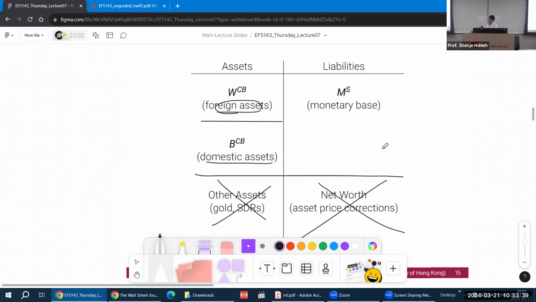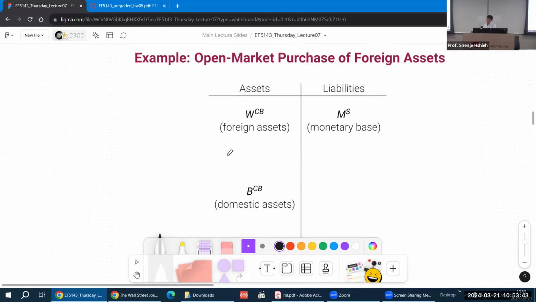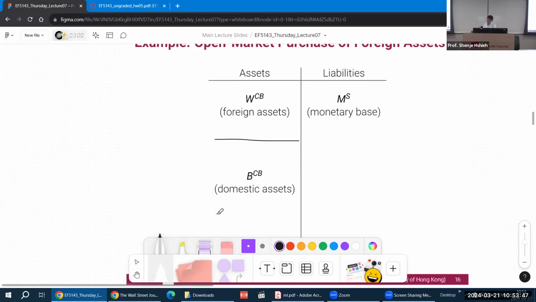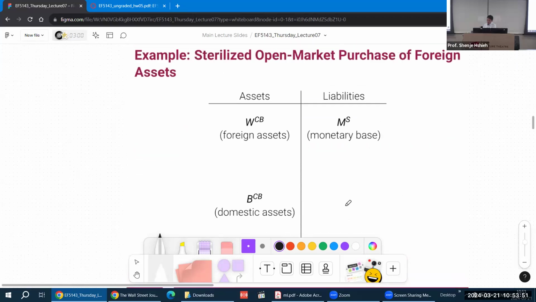And it's all financed by monetary base expansion. So this is our balance sheet. We're going to assume assets equal liabilities, and we're going to talk about a sterilized open market operation of a purchase of foreign assets.